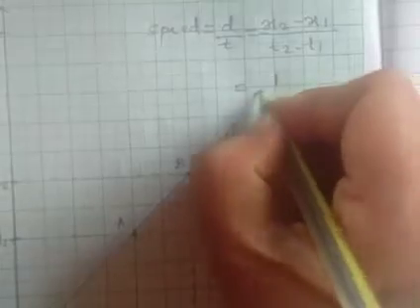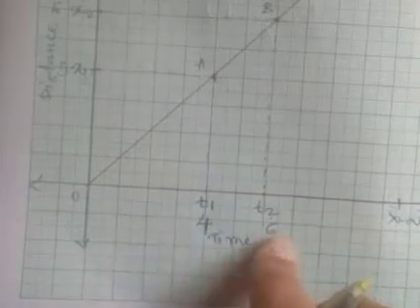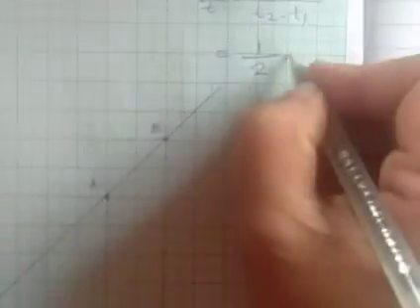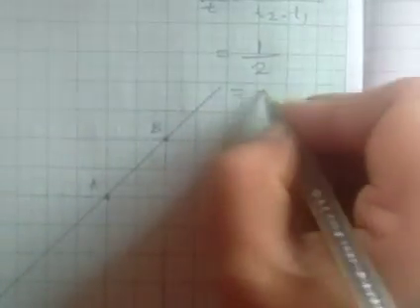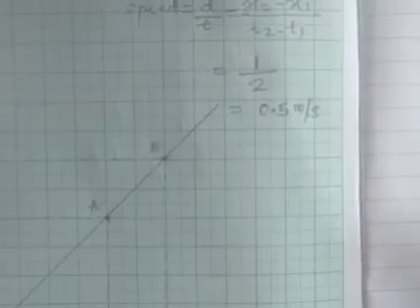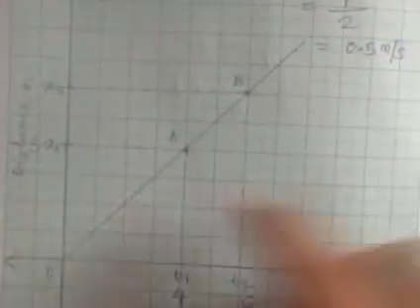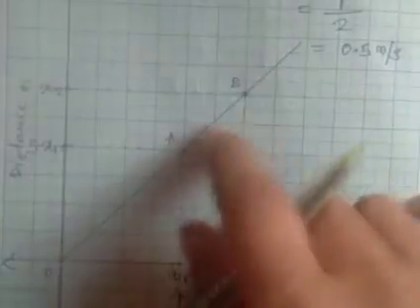Time is, seconds are 6 and 4, so 6 minus 4 becomes 2. So what is its speed? Speed is 1 by 2 meters per second, or 0.5 meters per second. So this way you can also find out the speed in between, from here to here, when the car has already started moving.